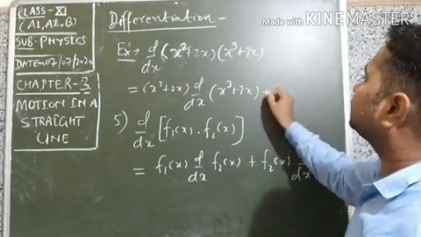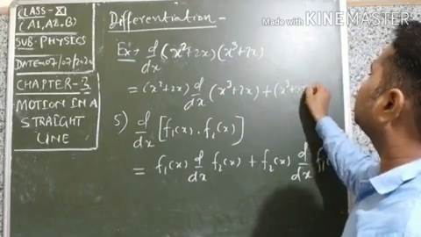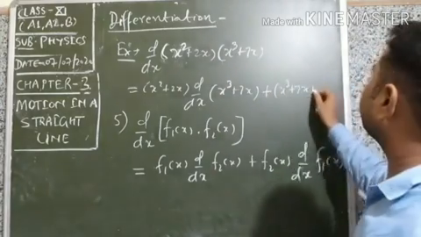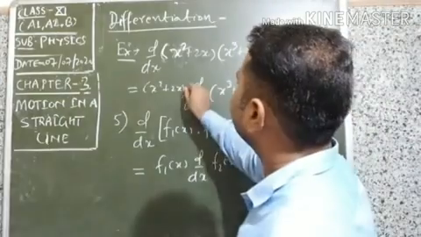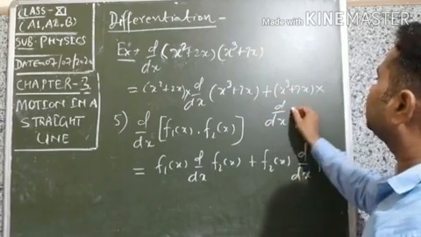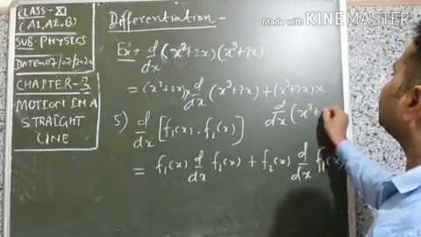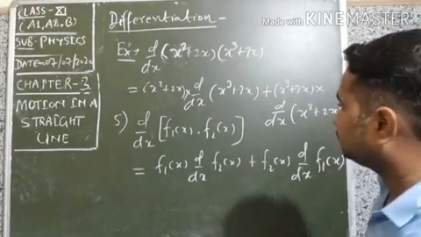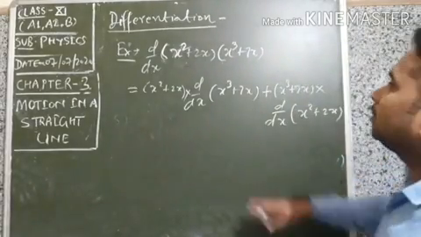And plus now the second function multiplied by differentiation of the first function, that is x square plus 2x. Try to understand what we did.